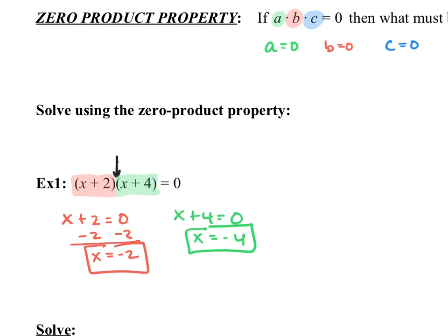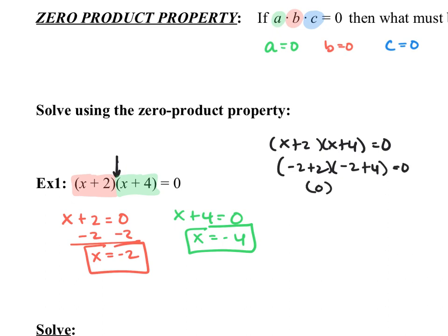I could actually prove that this works by going back and seeing what would happen if I plug in these numbers one at a time. If I had x plus 2 times x plus 4, and I replaced x with negative 2, let's just start with the red one. Everywhere I see an x, I'm going to put a negative 2. Negative 2 plus 2 is 0, negative 2 plus 4 is 2, and that would multiply to get 0, so I'd get the right answer.